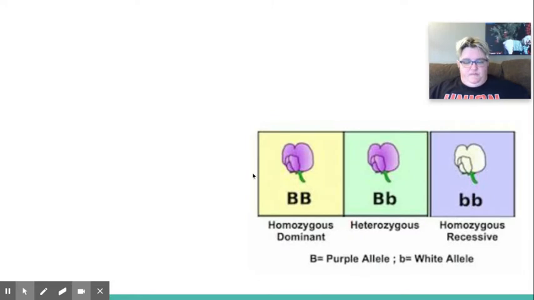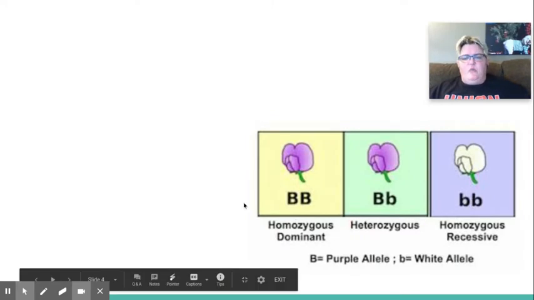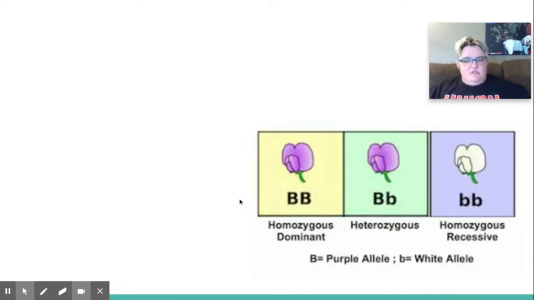Okay, so first off, when we look at those genotypes, those alleles, we look at one specific trait at a time. In this example, we've got color of the flower. This one is focusing on the pea plants that Mendel was working with, and he had purple colored ones and white colored ones.